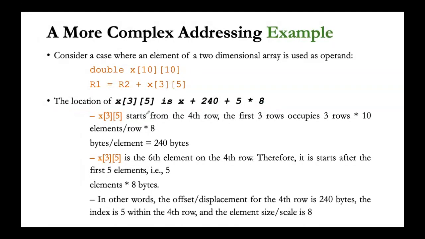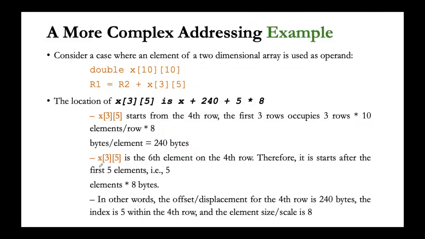That means this value, the X of 3 comma 5, starts from the fourth row, and the first 3 rows occupy 3 rows of 10 elements per row, which is multiplied with your 8 bytes. So the total number of elements gives 240 bytes occupied by this.